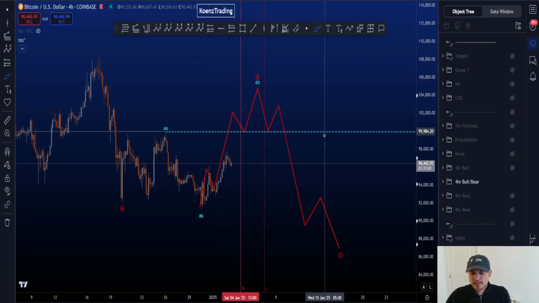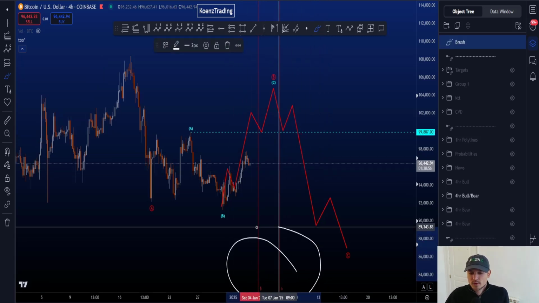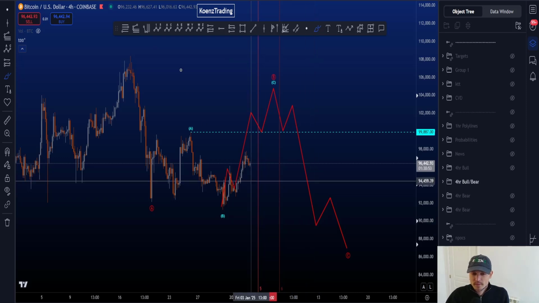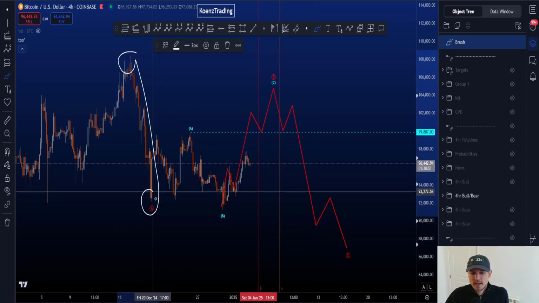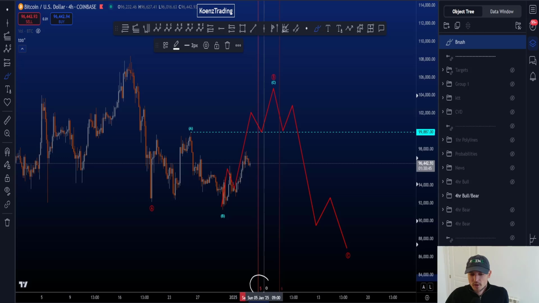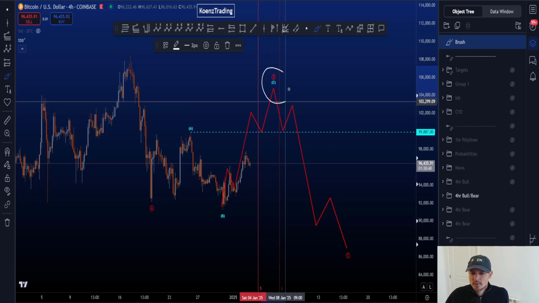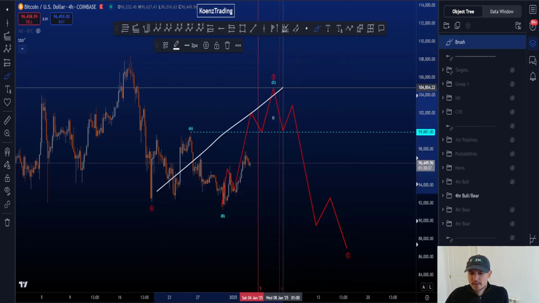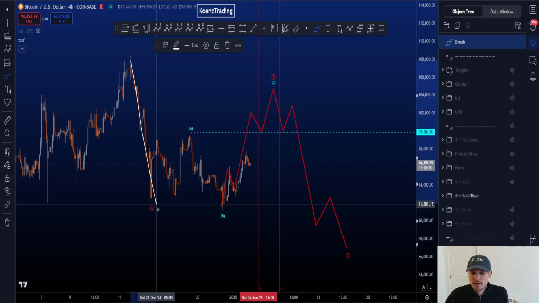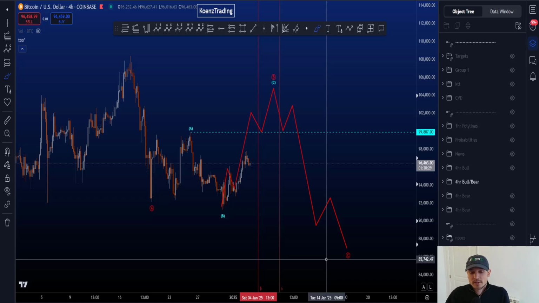Now, what is important in this scenario, however, is time. You can see that I have 2 vertical lines on my chart, and these are fib times taken from the start to the end of wave A. The moment price is moving beyond the 5 fib time, it starts to really reduce probabilities for a wave B, because your wave B is becoming very long compared to your wave A. The 5 fib time here is sitting on Saturday, the 4th of January 2025 at 1 p.m. Central European Time.